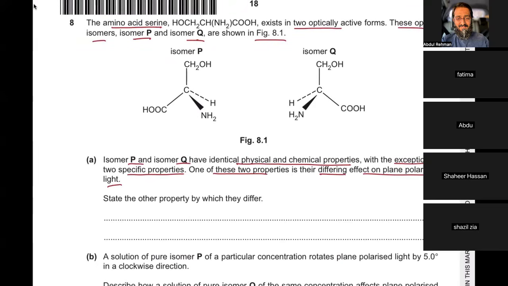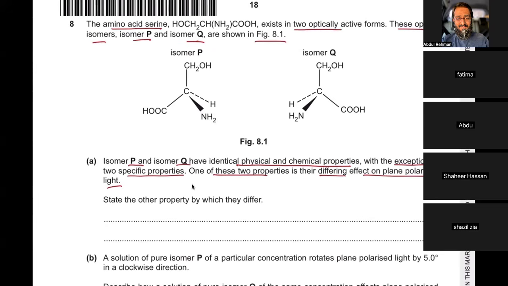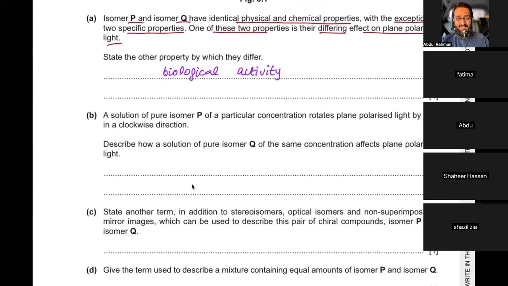So if you recall, it's their medicinal activity, biological activity. One is going to ease the pain and the other one is going to cause the side effects, right? A solution of pure isomer P of a particular concentration rotates plane polarized light by 5 degrees in a clockwise direction.